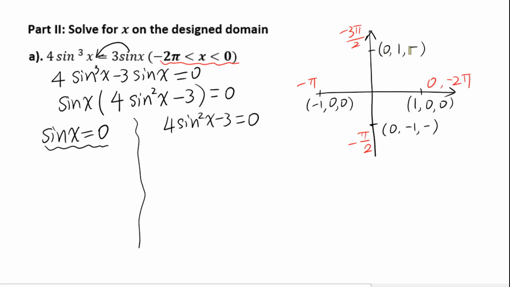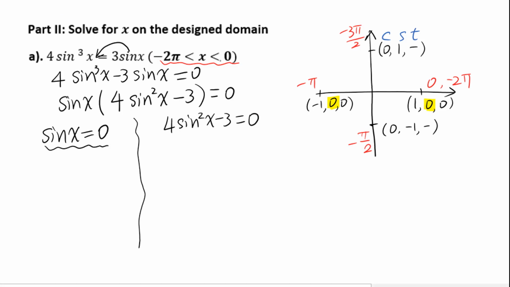We know the coordinates are cosine, sine. Sine x equals 0, we want the second coordinate to be 0. So this is sine x equals 0.